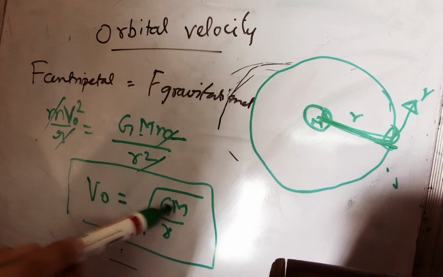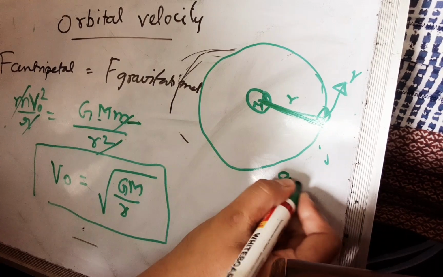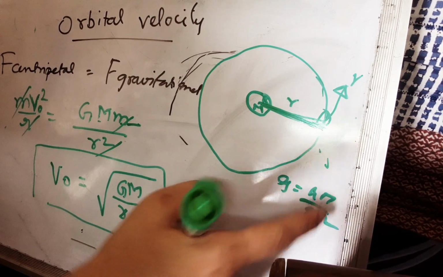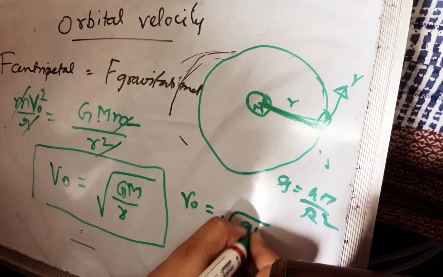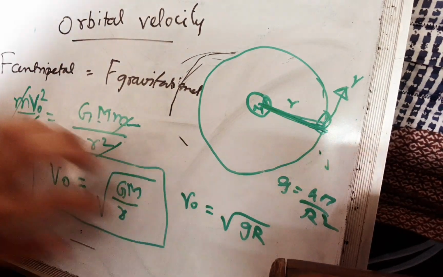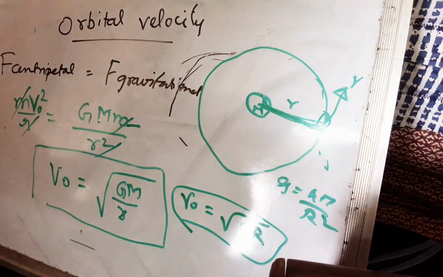Now in place of GM, again if you write gR square from this formula, g is equal to GM upon R square, you can get Vo is equal to under root of gR. You will get it, right? Easy.